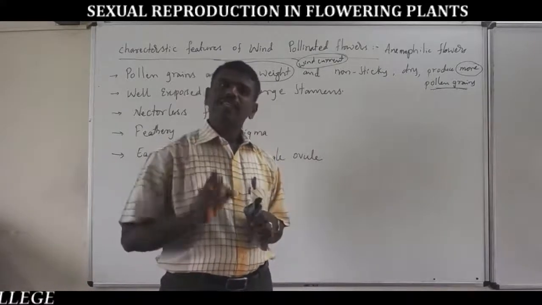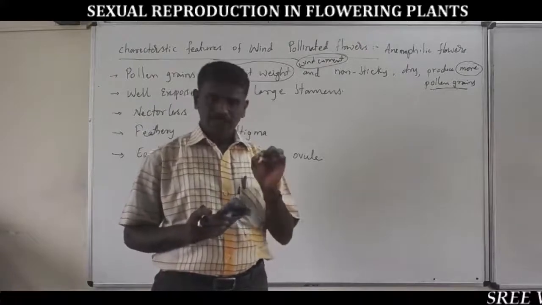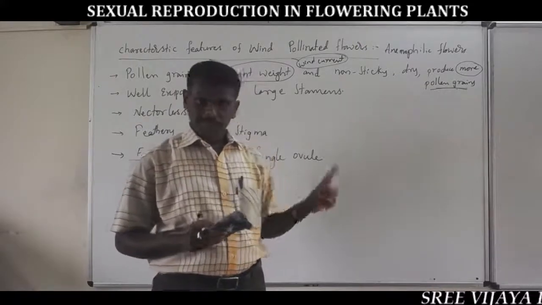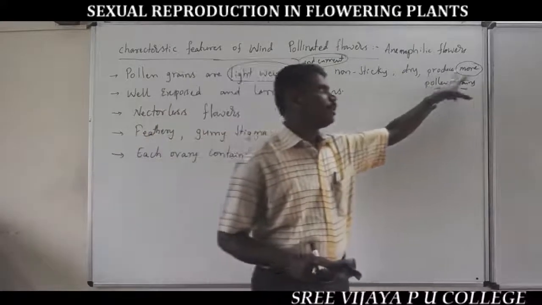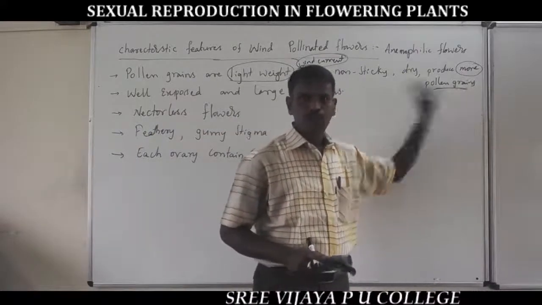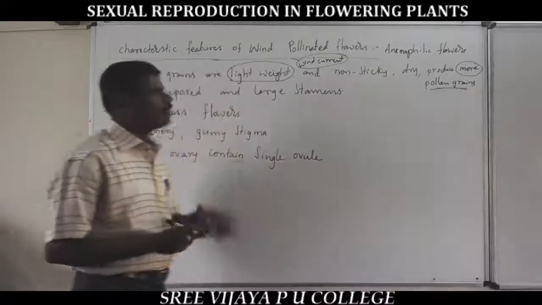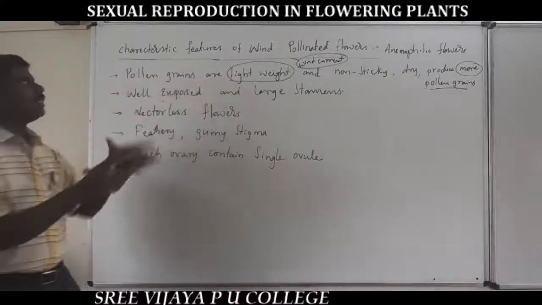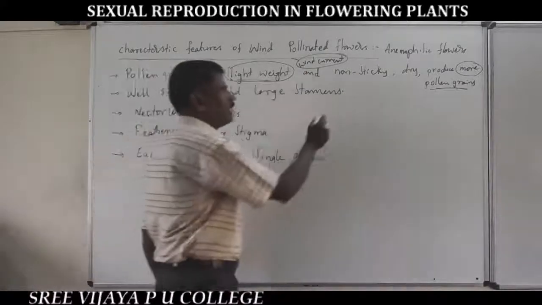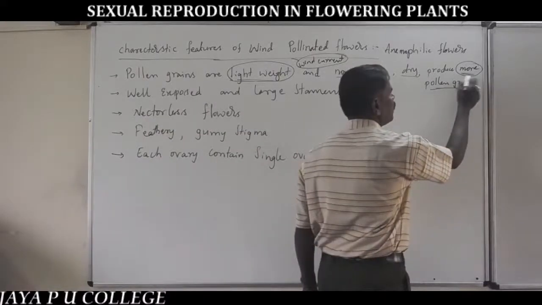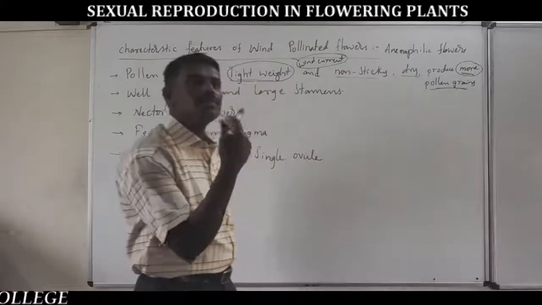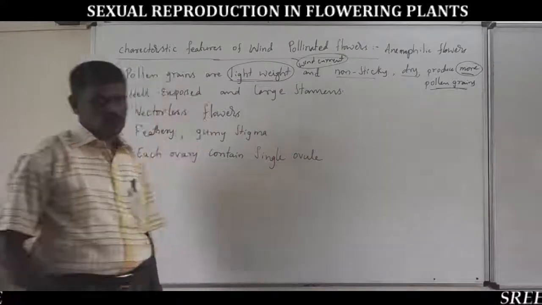Only a certain amount of pollen grains reach the stigmatic surface of the flower or the pistil. Hence they produce more pollen grains. That is the first character: the pollen grains are lightweight, non-sticky and dry, and these flowers produce more pollen grains.